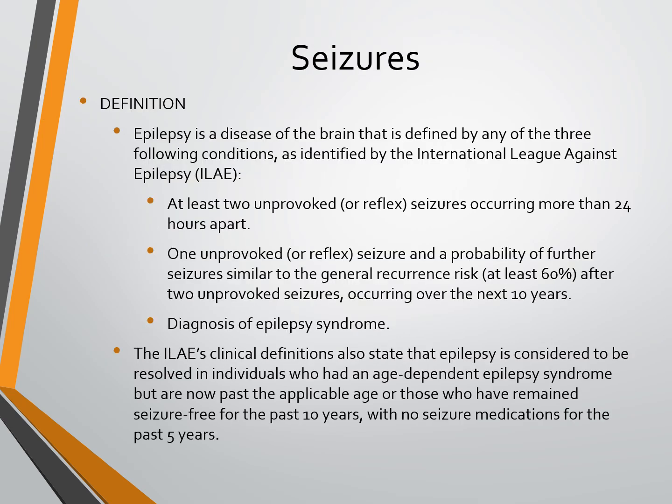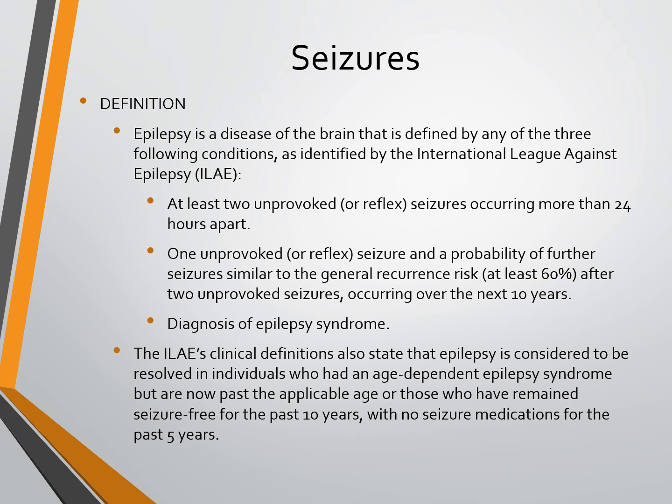So let's talk about seizures and how we define what a seizure is. According to the International League Against Epilepsy, there are 3 conditions which allow one to categorize somebody as having epilepsy. One is at least 2 unprovoked seizures occurring more than 24 hours apart.